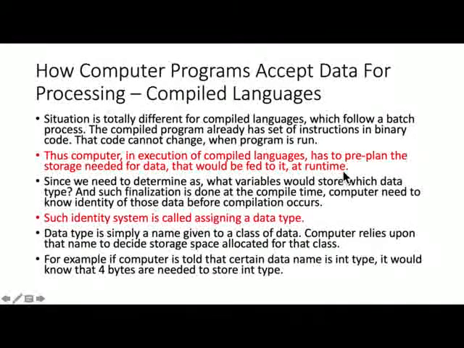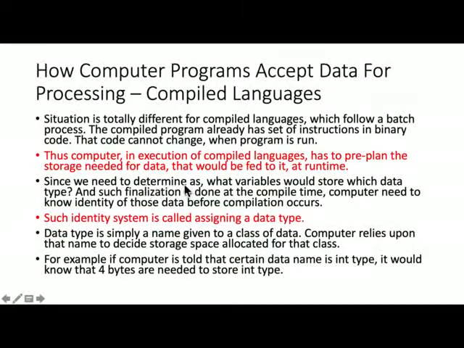So at a certain line number, there is a binary code saying, okay, the data name is, let's say, value. Well, it has to know its type in order for the computer to create a memory location where it will be used.